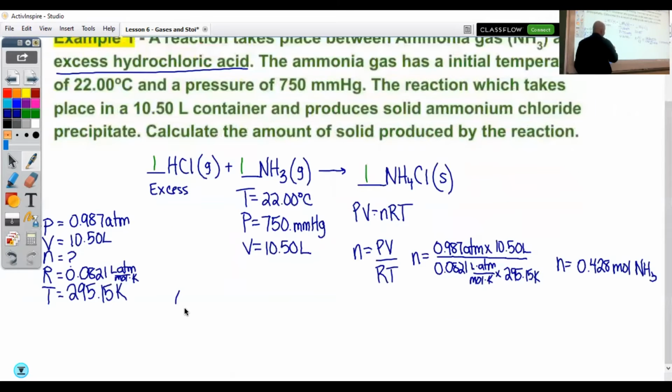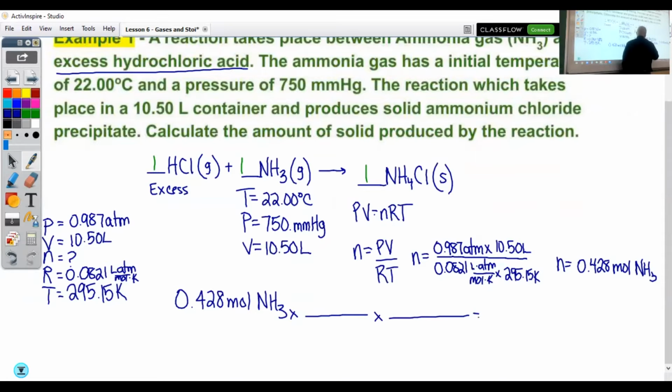So I'm going to start off with my 0.428 moles of NH3. Then, based on my balanced equation, I'm going to be able to convert from moles of ammonia to moles of ammonium chloride. That's a 1-to-1 mole ratio. So 1 mole of ammonia produces 1 mole of ammonium chloride.